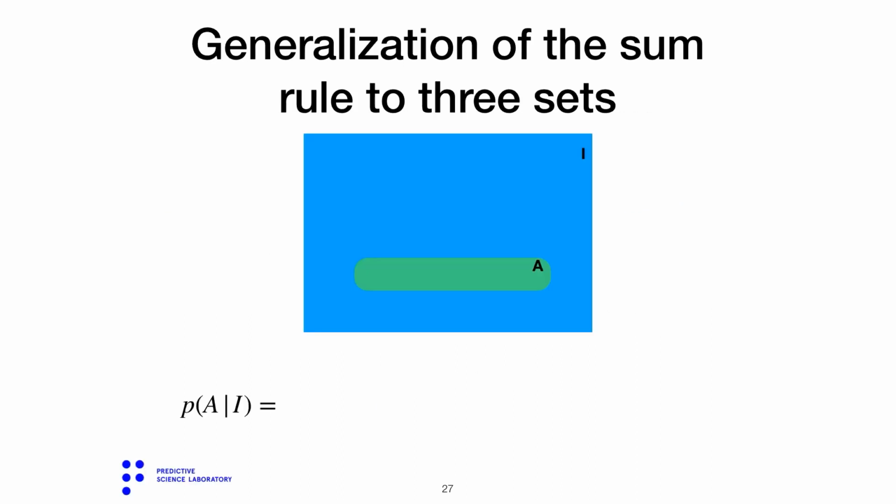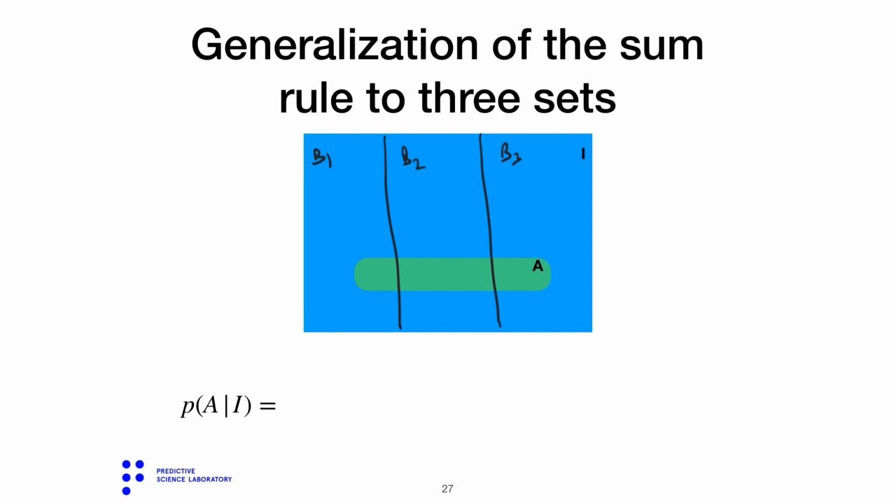Now let's derive a generalization of the sum rule that is quite obvious. Now instead of just two events, we're going to consider three events that decompose the space, B1, B2, and B3, and these have to have the following properties. One of them must be true, and no two of them can be true simultaneously.